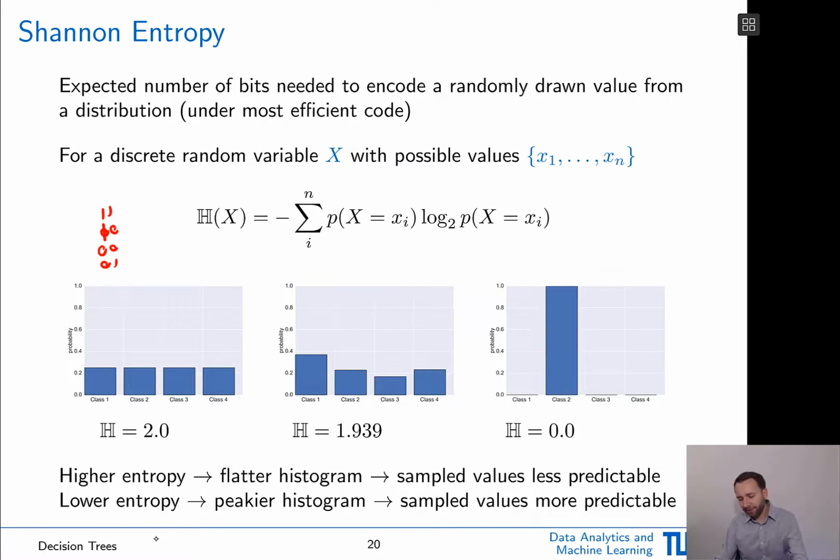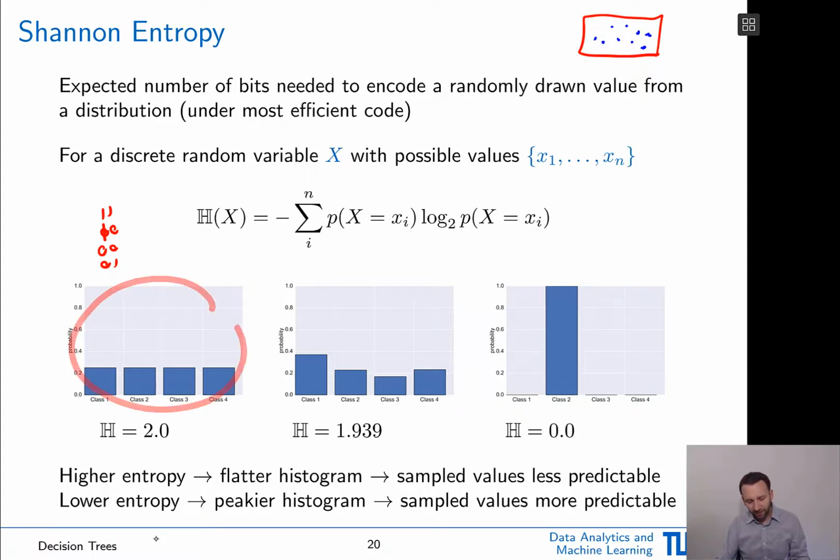So if you have your region again, and these are all blue, you don't have to encode for the different instances that they are class blue. You can just essentially externally say this region is blue, and then you need 0 bits, intuitively speaking, to encode this information, because a priori you know it's all blue.